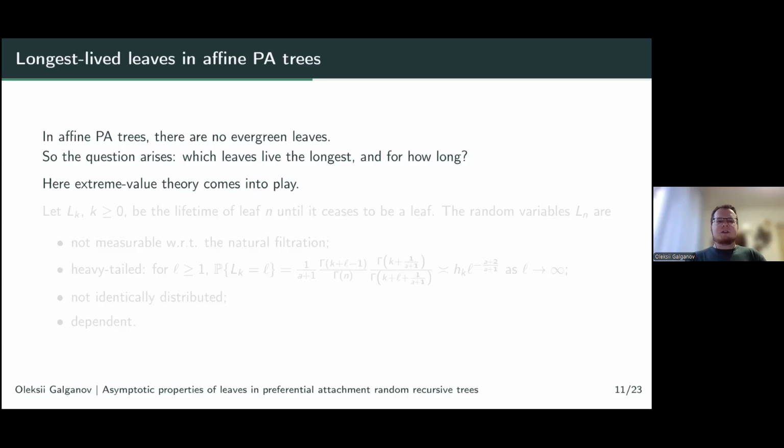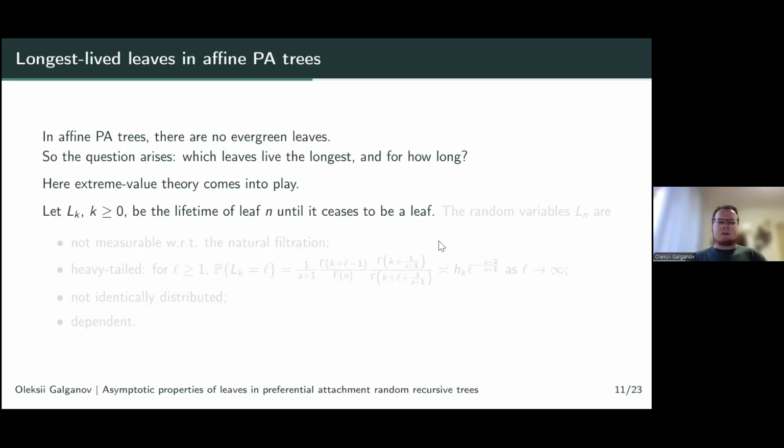So we focus on affine preferential attachment, and here we know that there are no evergreen leaves. Okay, and the next question we can ask is which leaves live the longest and for how long exactly? It's a typical question for extreme value theory.